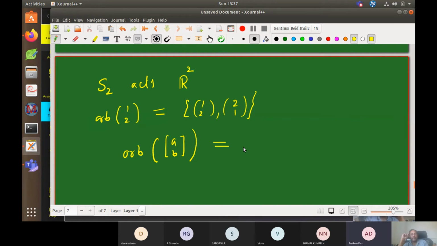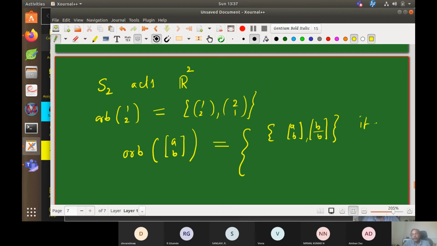This is a subset of R2 if a is not equal to b. If a equals b, it is still a set, right?